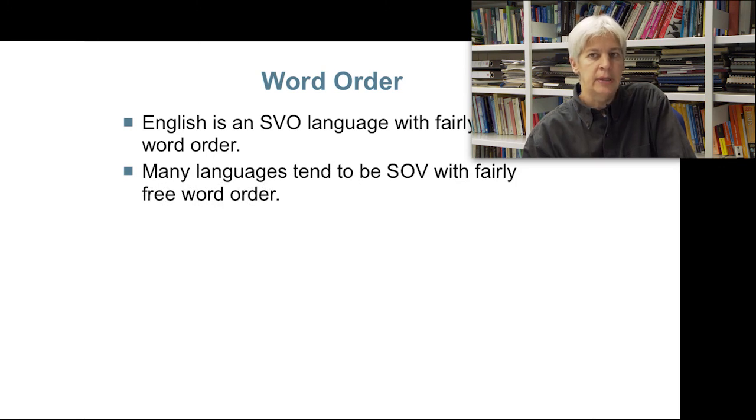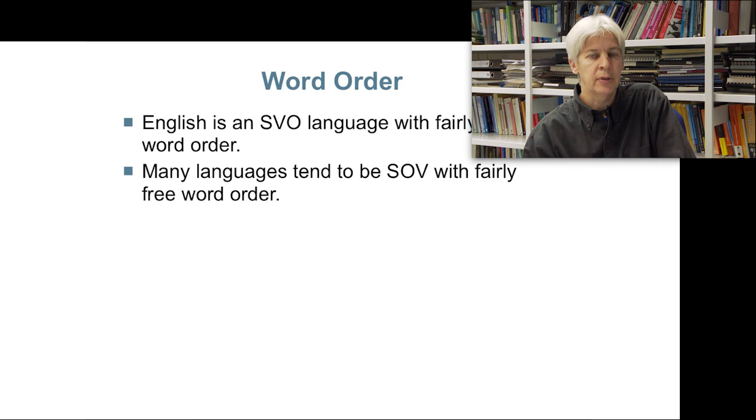However, many languages tend to be subject-object-verb, SOV languages. I think most of the languages of the world are actually SOV, and they tend to have fairly free word order. They allow scrambling. So while SOV is the default word order, you cannot be sure that position will indicate what the subject is.